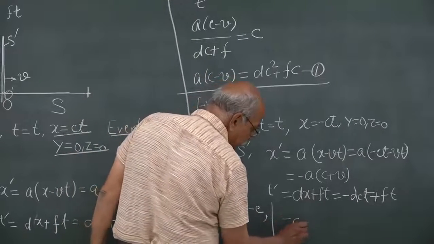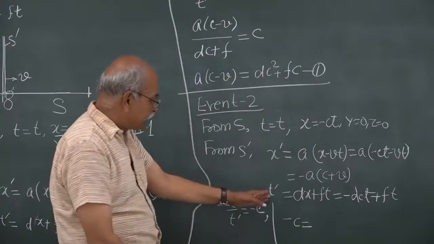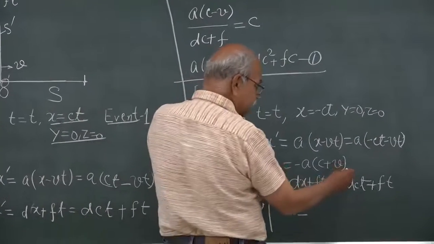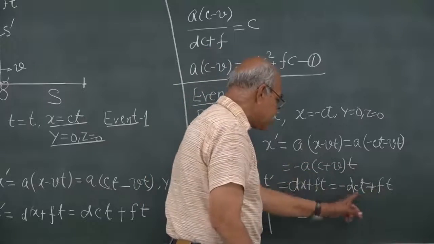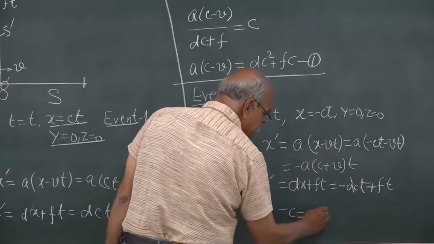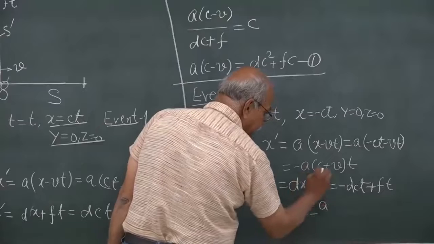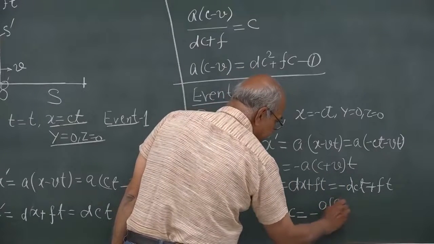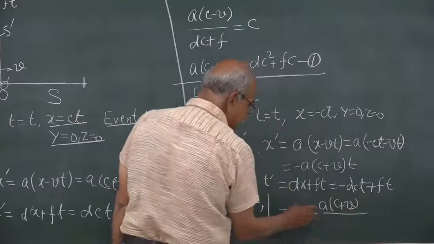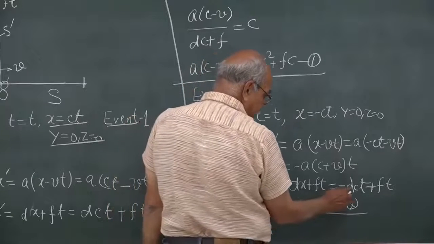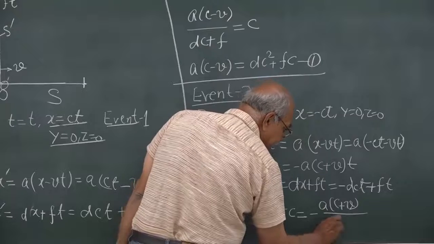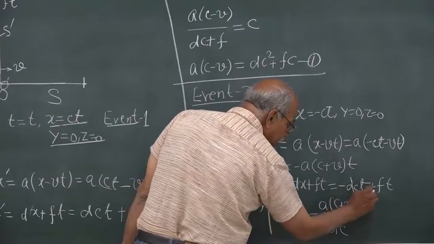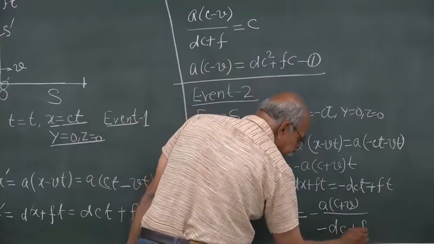Minus c equal to x prime divided by t prime. When you divide, this t gets cancelled and you have minus A, then c plus v here, then divided by this, t cancels out. So, minus D c and plus F.